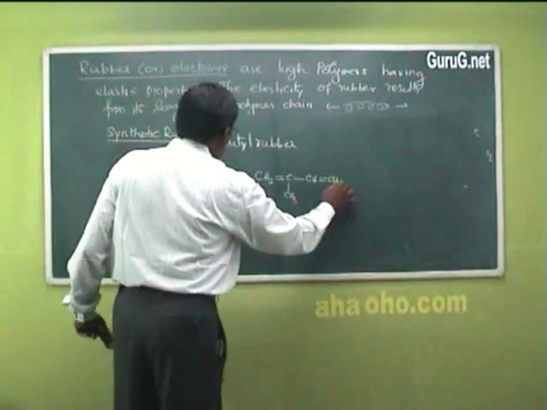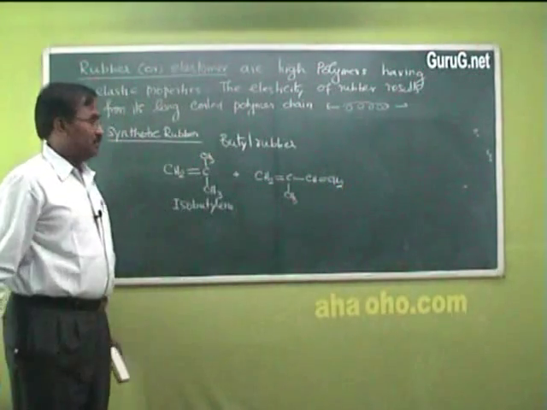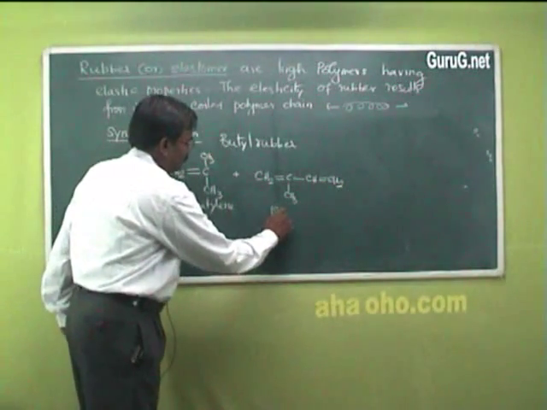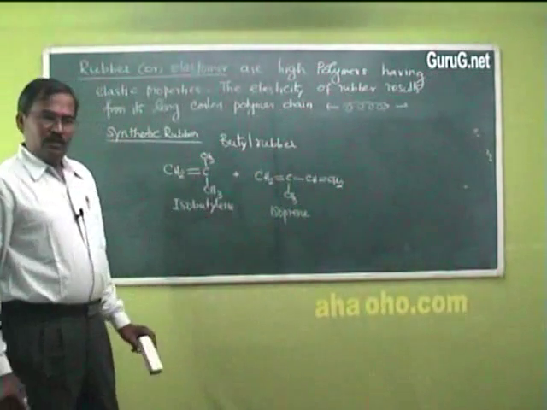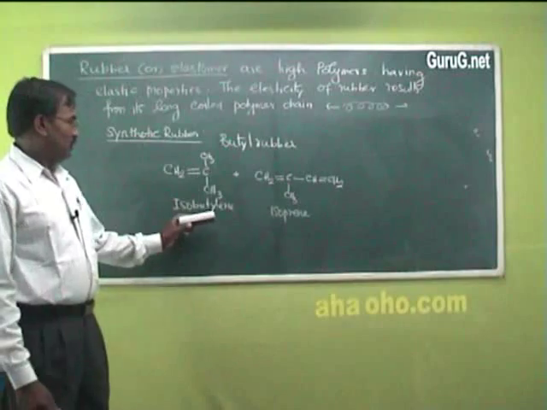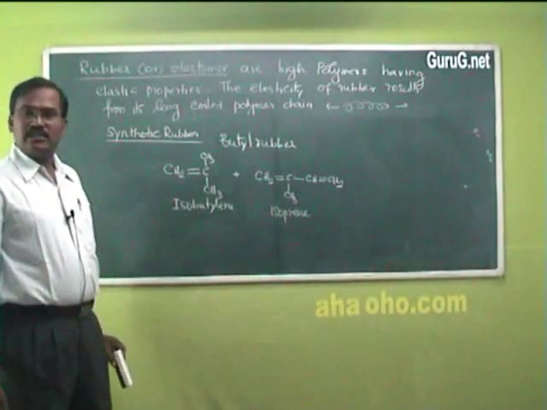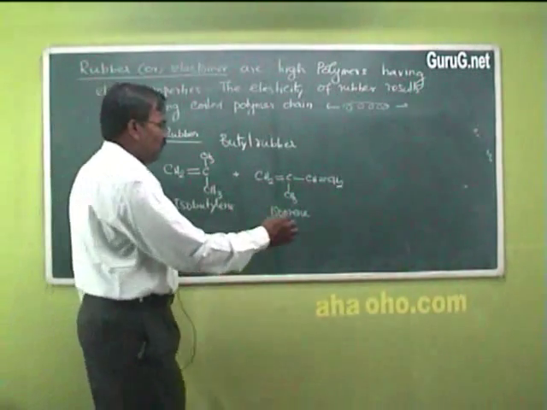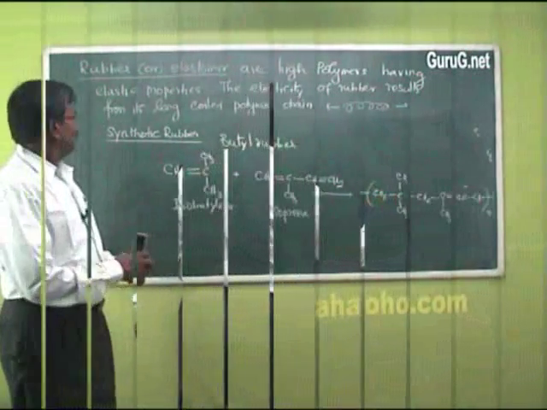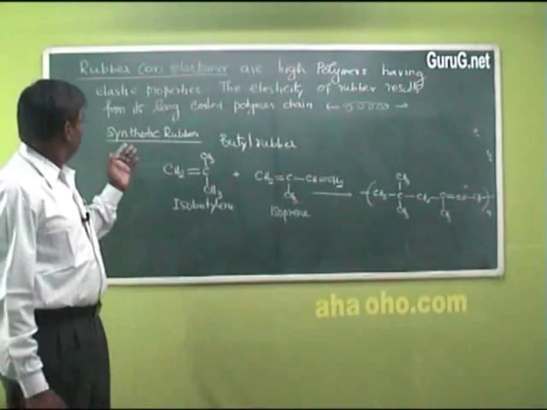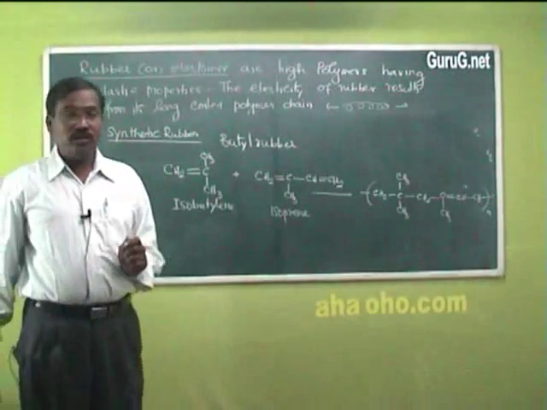The major portion is isobutylene. So this mixture of isobutylene having traces of isoprene, on copolymerization, gives you butyl rubber. That's all about natural and synthetic polymer.